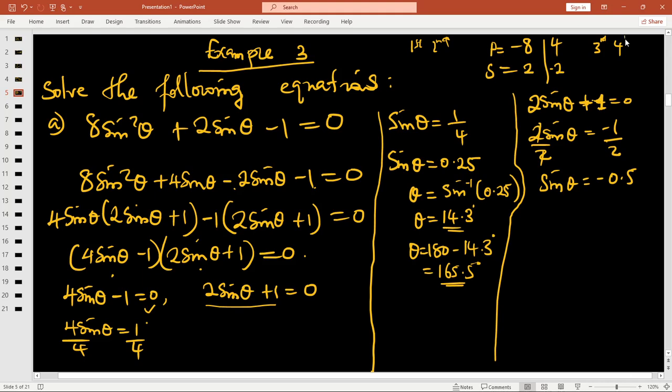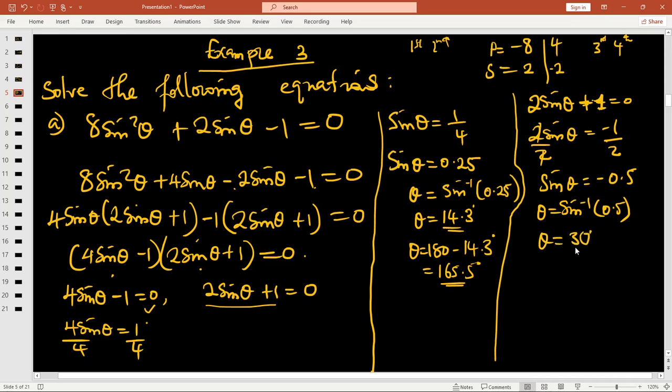Here we're going to say that theta is equal to sine inverse of 0.5. So sine inverse of 0.5, we're getting 30 degrees. So theta here is equal to 30 degrees.